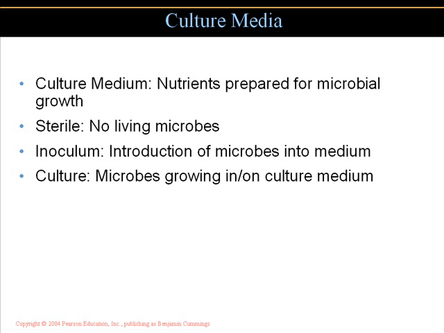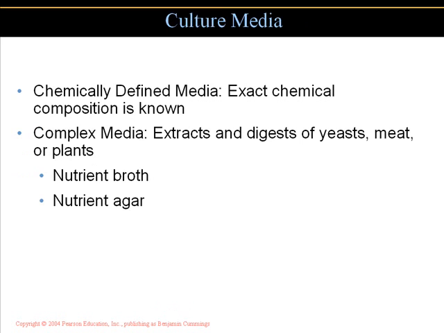And then the inoculum is the introduction of microbes into the medium, and a culture is microbes growing in and on the culture medium. With chemically defined media, the exact chemical composition is known. Complex media are extracts or digests of yeast or meat.